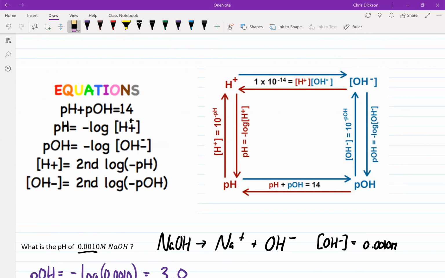And really, the most steps you should ever have to do is 2, basically starting in one corner and trying to get to the other corner. There's 2 steps maximum.